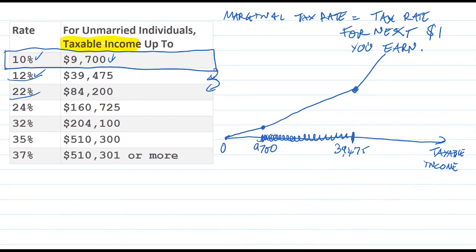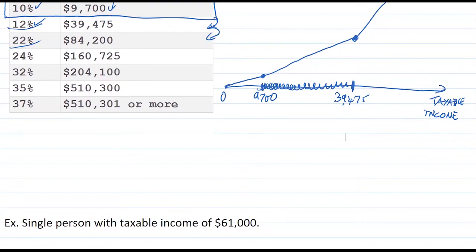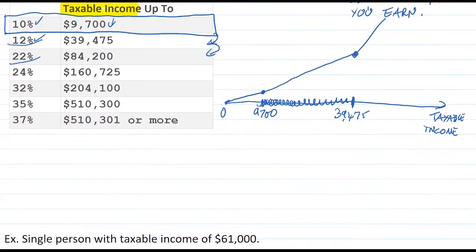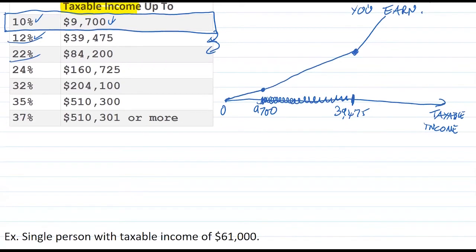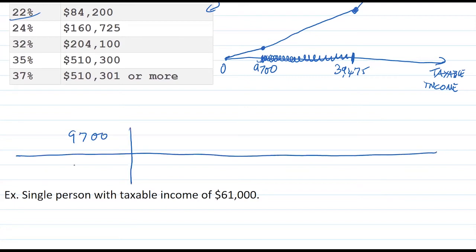All right, now let's do an example. Let's illustrate with this situation of a single person with taxable income of 61,000. Using the table above, the first bracket goes up to 9,700. So for this single person with taxable income of 61,000, the first $9,700 of taxable income will be taxed at 10%.